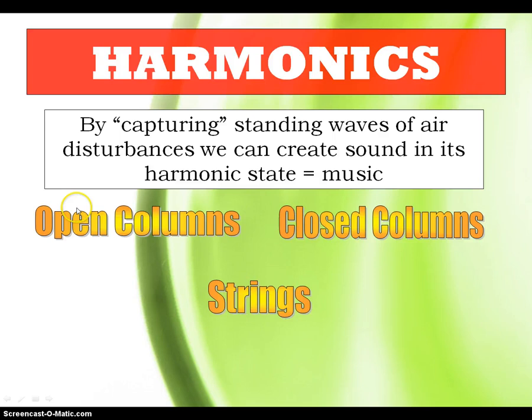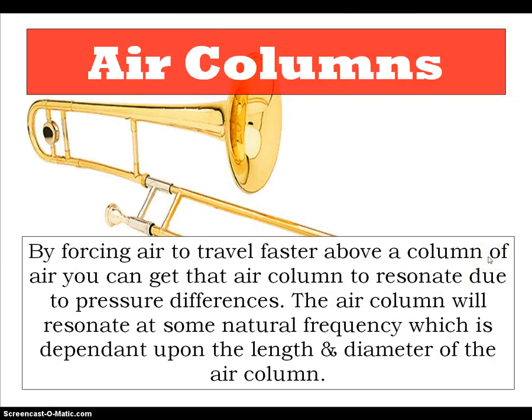We have open columns that are open on both ends, like any sort of woodwind or brass instrument. But we also have closed columns, those would be closed on one end. And we have string instruments like violins, guitars, and things like that, where we can trap the wave on a string.